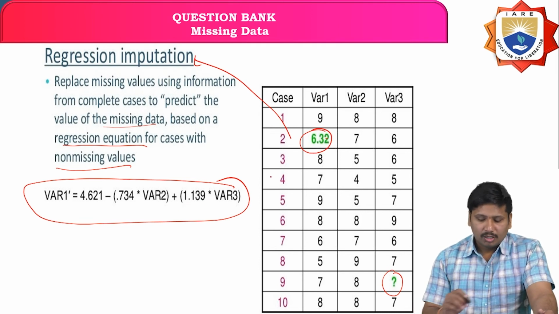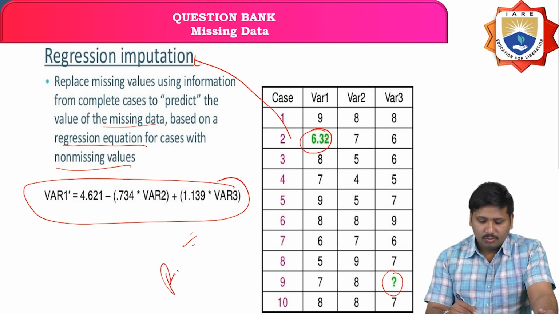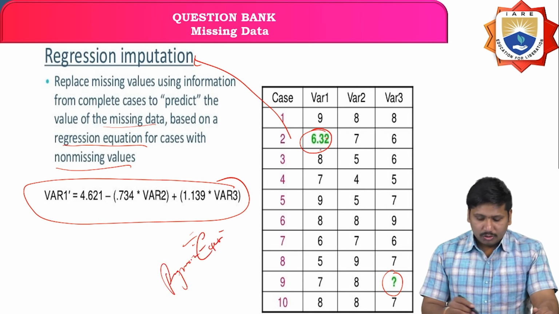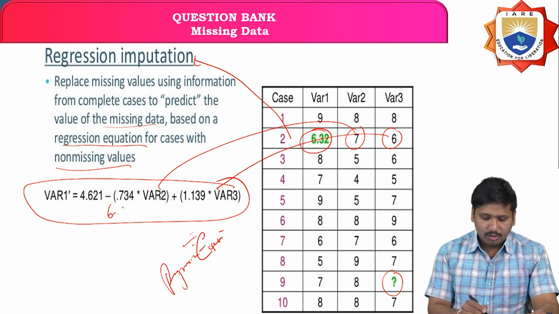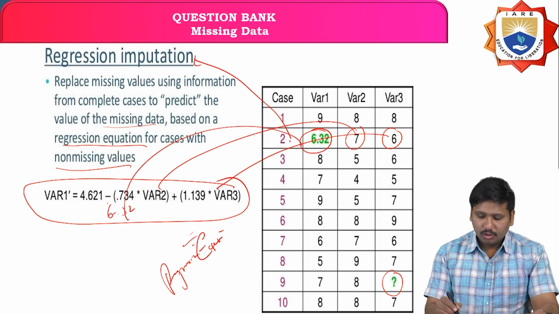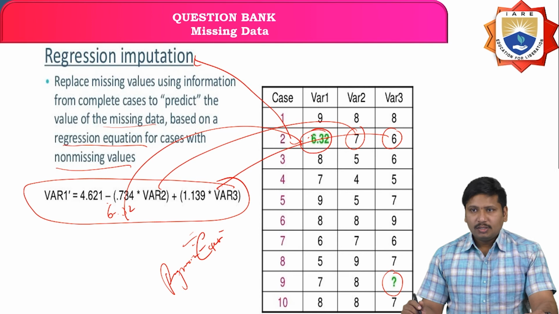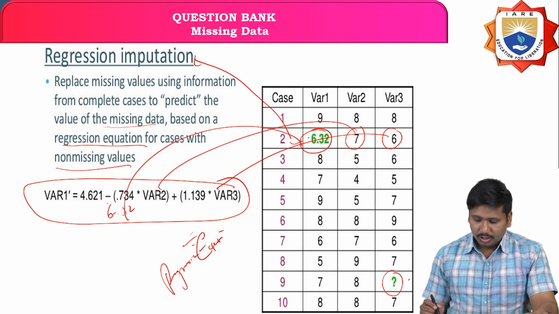So like this I create a regression equation. I have to substitute the values of variable 2 and variable 3 here, and then I get 6.3 as the value. That value is going to be filled in for the missing value. Similarly, I can fill in variable 3.